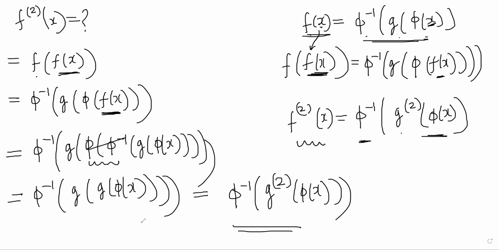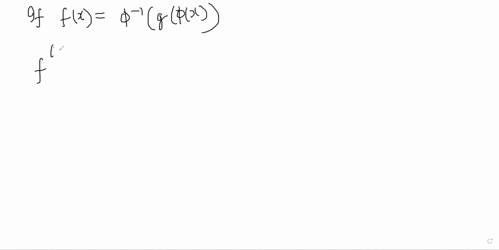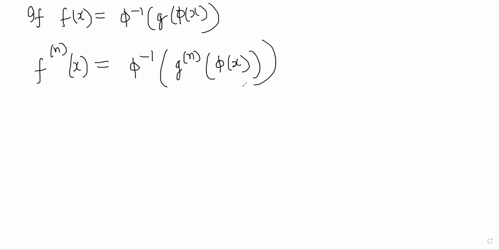And by induction, again, you can show that if f of x is equal to phi inverse g of phi of x, then f of n of x will become phi inverse g of n phi of x, right? So this is the result that we have been looking for, which gives us the easy way to find the iterations of f of x, or a composite f of x, if we have already found the bridge function and the g function which f is similar to.